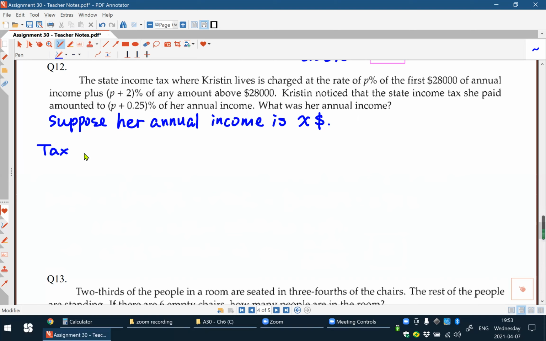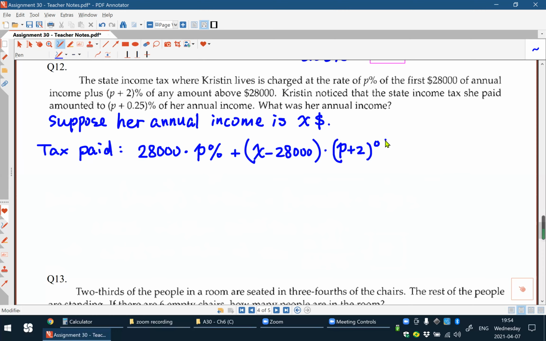The tax paid should be the first 28,000 at a rate of P%, right? And for any value above 28,000, that means X minus 28,000, for any amount above this number, the tax rate is P plus 2%, right?